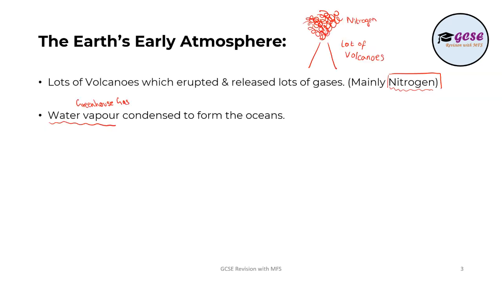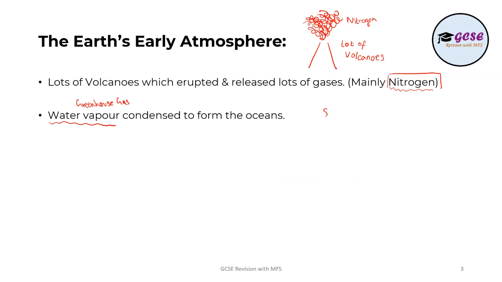But as you can see, the water vapor levels decrease because they condense to form the oceans. So in the early atmosphere, there wasn't much oceans, and now we have a lot of oceans in the modern atmosphere, because the water vapor, which is a greenhouse gas, condensed.